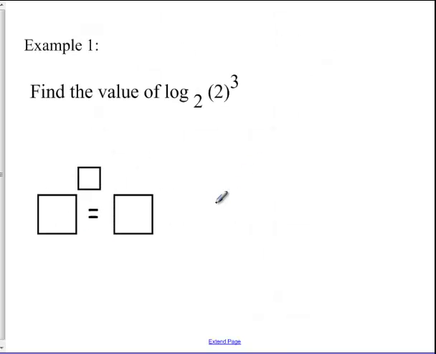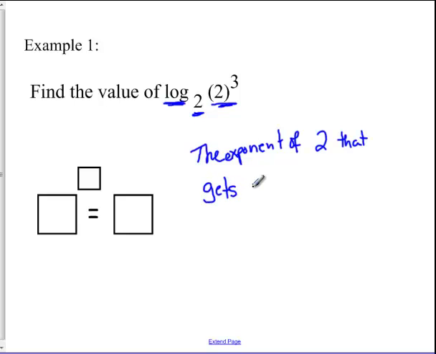Okay, so right here, example 1. Evaluate this question. All right, log means exponent. So this is saying the exponent of 2 that gets me 2 to the third.